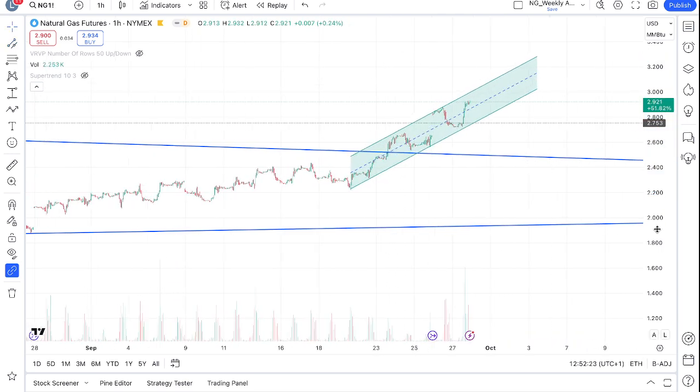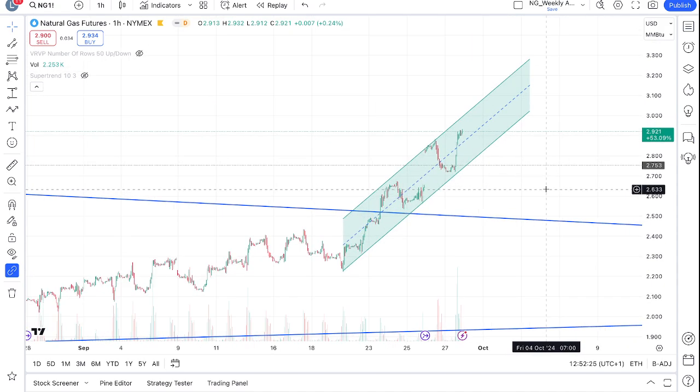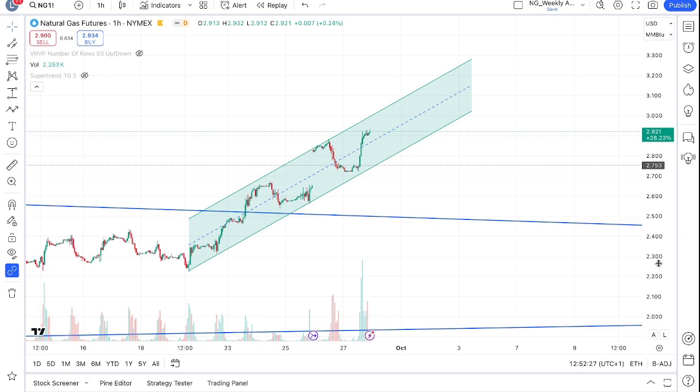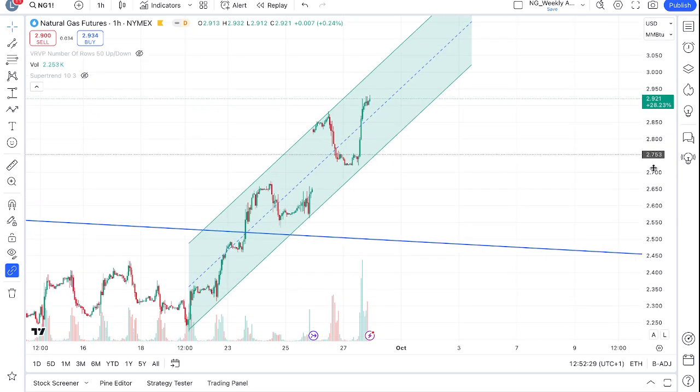That's pretty much it for this particular weekly analysis. One should follow the hourly time frame to get the near-term movement. As I said earlier, in the beginning of this video, the first indication will be the channel here.